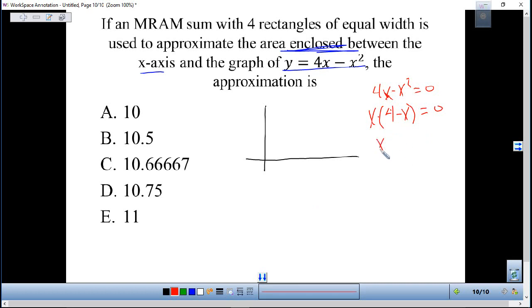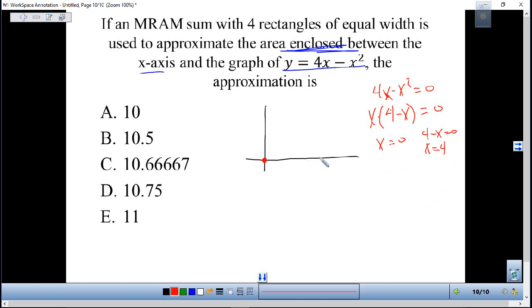So my zeros here are x equals 0, so that's where it's going to cross the x-axis right there. And 4 minus x equals 0 is going to give us, when we solve this, x equals 4.